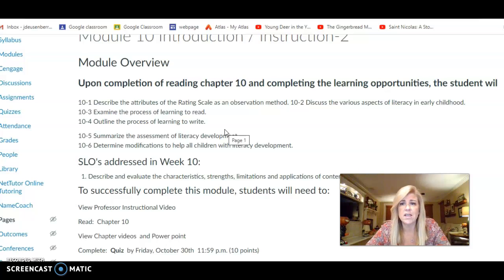You'll also be able to discuss various aspects of literacy in early childhood, examine the process of learning to read and also write. You'll be able to summarize an assessment of literacy development. And then you'll also be able to determine some modifications, of course, to help all children with literacy development. So make sure you're looking for these as you are reading your textbook this week.